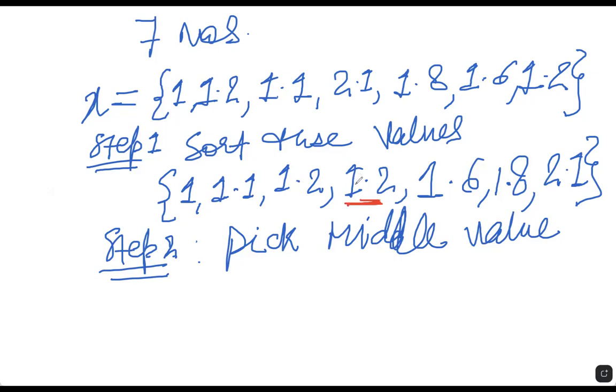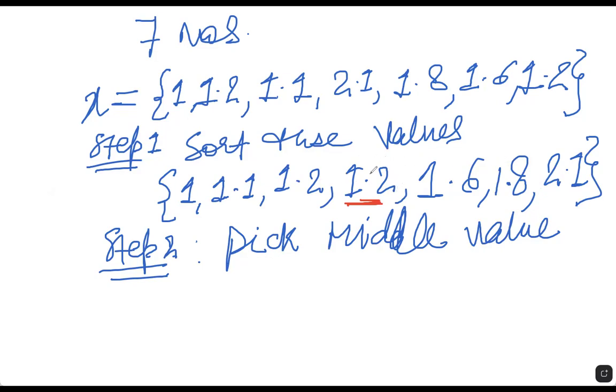Why is this my middle value? I have 3 numbers to the left of this, 1, 2, 3, and 3 numbers, 1, 2, 3, to the right of it. The fourth value is 1.2. Since 3 numbers are to the left and 3 numbers to the right, it lies in the middle.